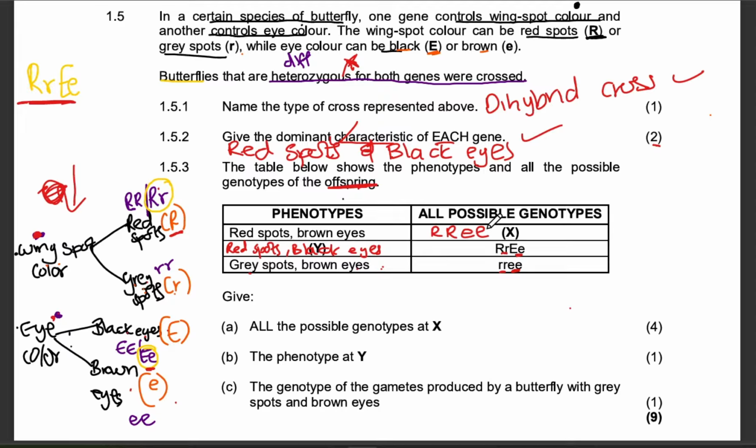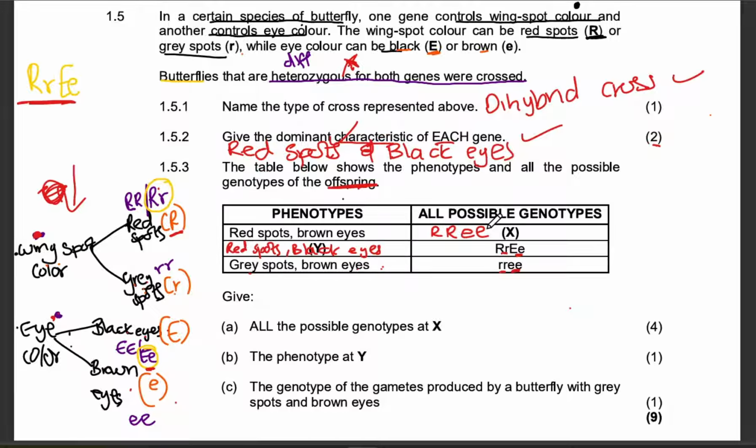And remember with the red spots, guys, the red spots are dominant. So there are two options here: either homozygous or heterozygous condition. It can be capital letter R, capital letter R or capital letter R, small letter r, with small letter e, small letter e, because for brown eyes it won't change. There's only one possible genotype for brown eyes, since the brown eye gene is recessive.